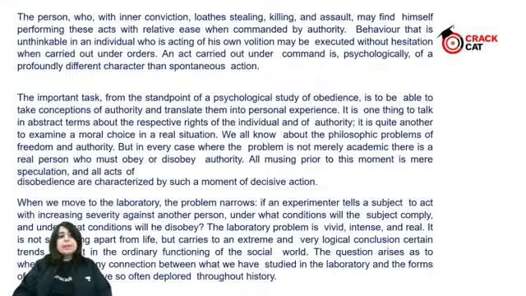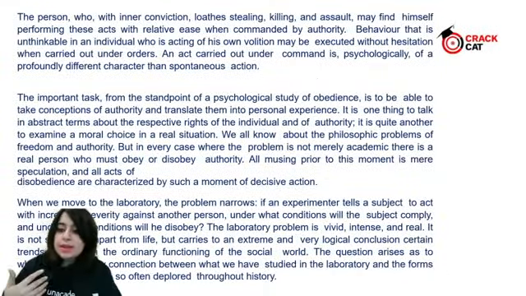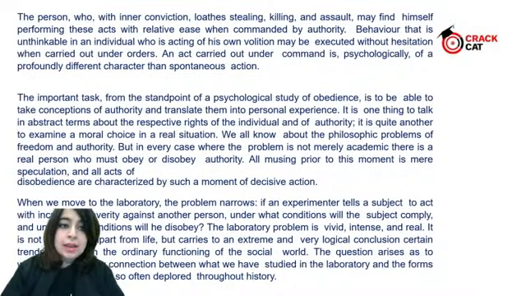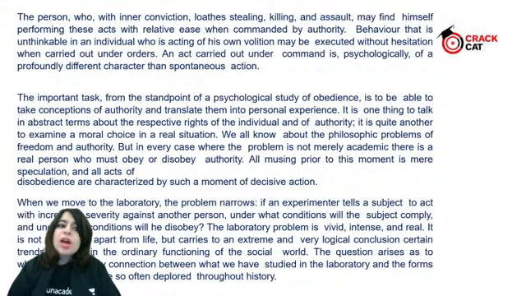All right, so let's look at the passage. Now, before we move on to the questions, I would like to discuss this passage with you guys because I know it is one of the tricky passages that are there. So, let's start from the very beginning. It talks about how the person who loathes stealing, killing, and assault may find himself performing these acts with relative ease when commanded by authority.